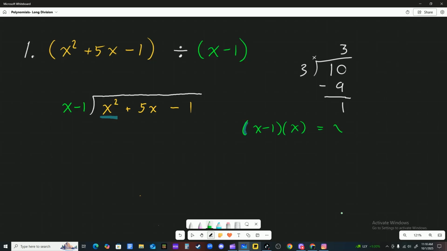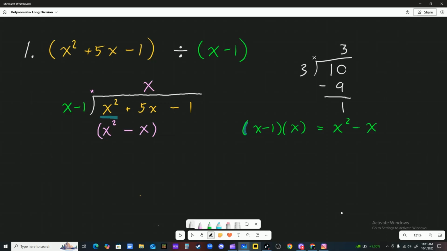This gives me x squared minus x. I'm going to do in pink what I have to multiply by: x, and that gives me x squared minus x. That's how I get it.